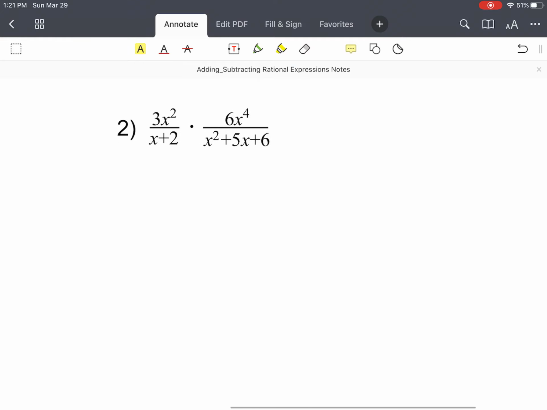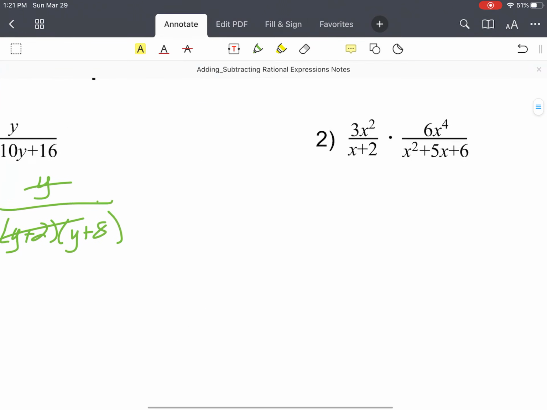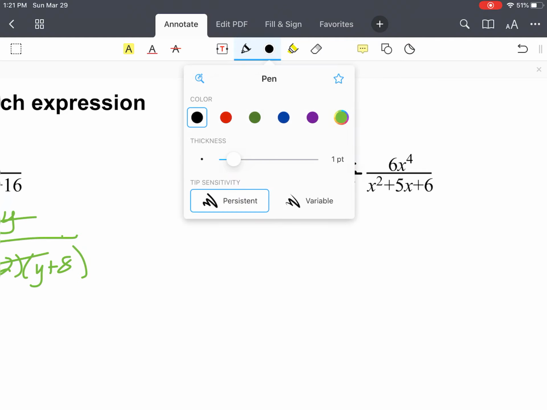That's not too hard. Now looking at this next one, we're multiplying them together again. Actually, I want to make this division, so if you would correct that with me. Let's say divides.